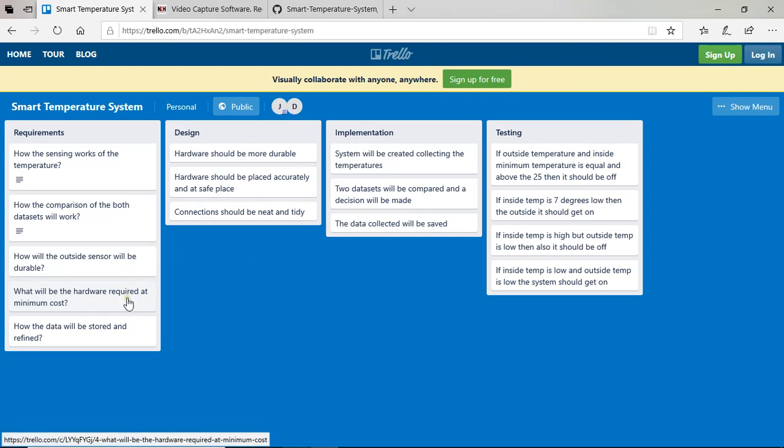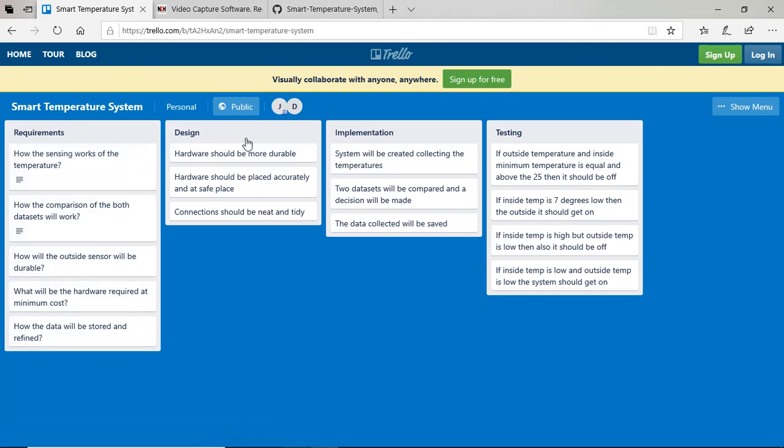Moreover, their frequency: after taking one reading, how much time they take before another reading, like after 1 second or 2, so the time gap. Those things were considered in the requirements.